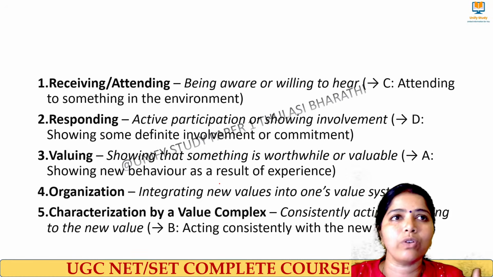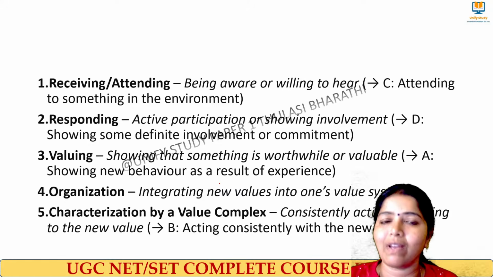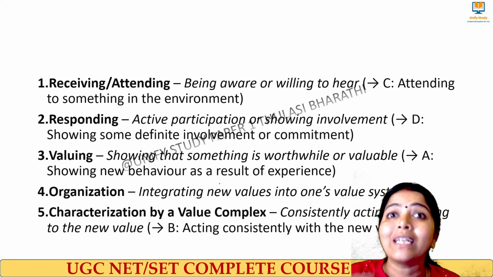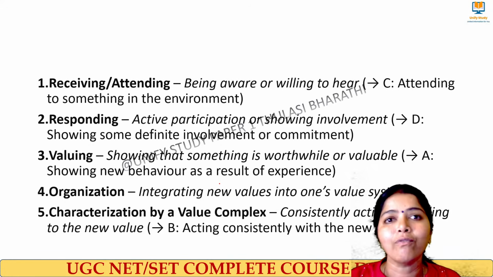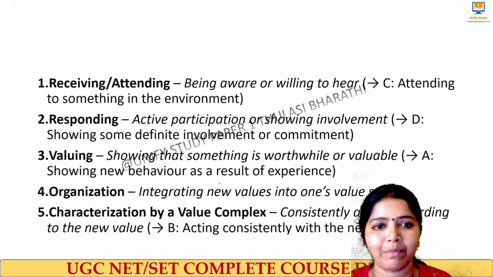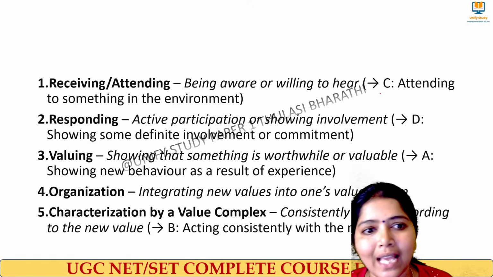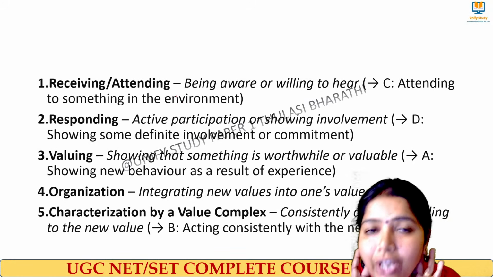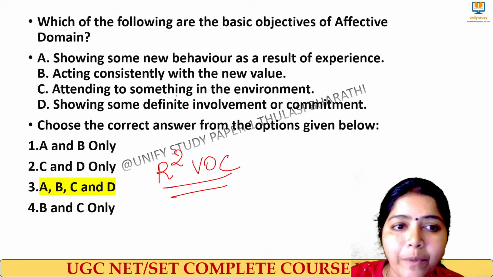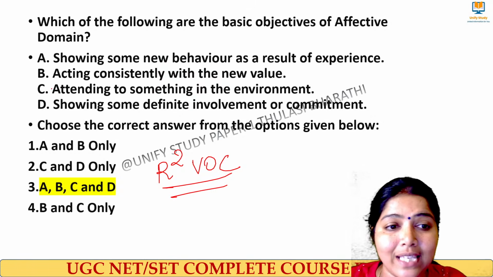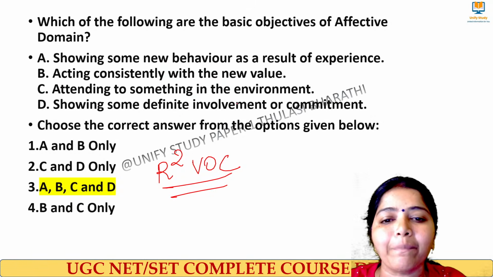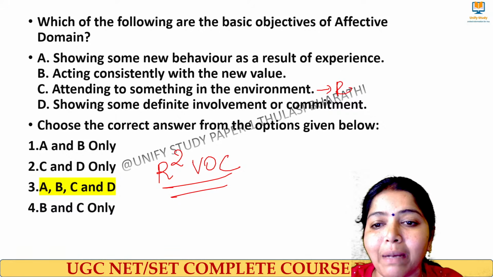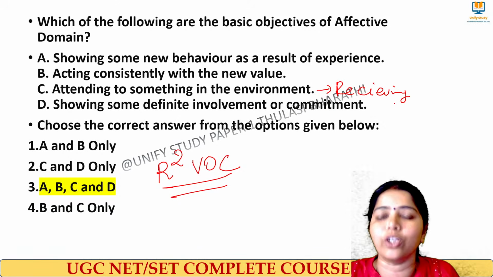When we talk with people, teach the students, we should be able to receive things from them, attend to what they are saying, attending to something in the environment, being aware or willing to hear the people. So the option C says attending something in the environment. This is nothing but receiving. So I have to listen to people.